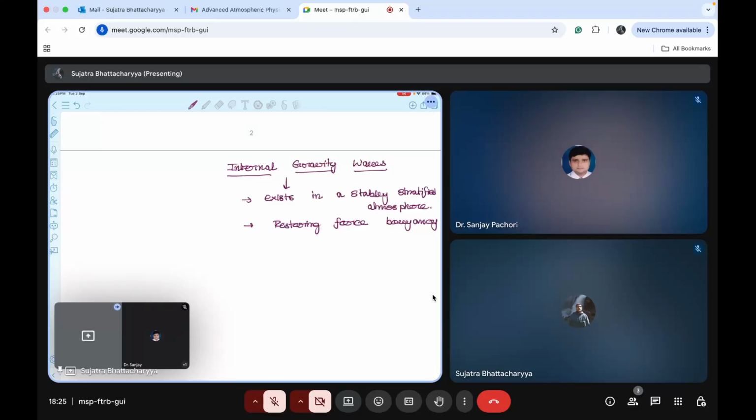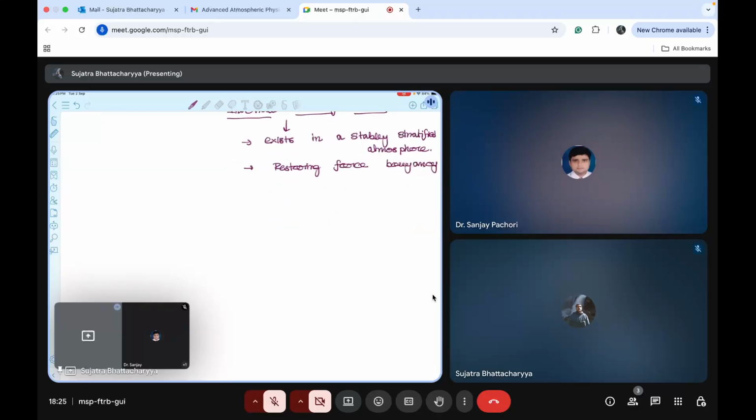But let me start with a very simple thing which we have discussed earlier also, that is potential temperature. Potential temperature is denoted as theta. What is the definition of potential temperature? It's simple.